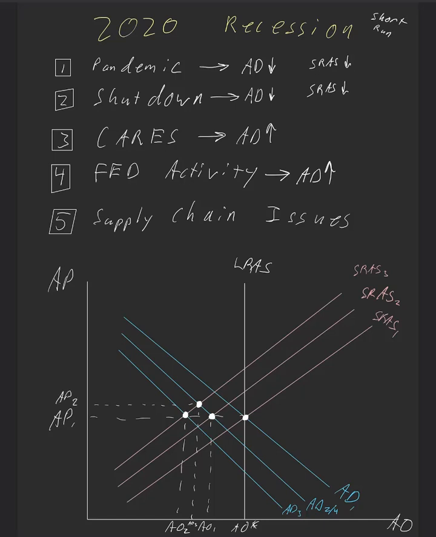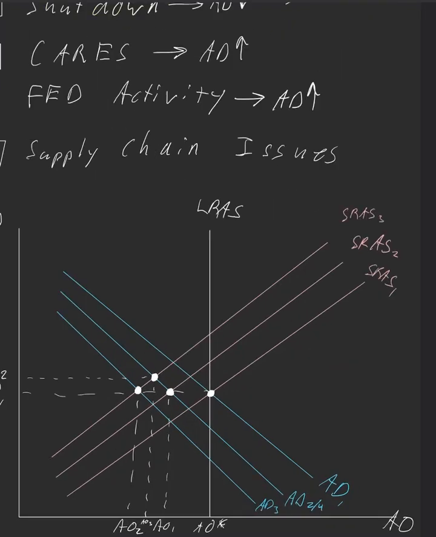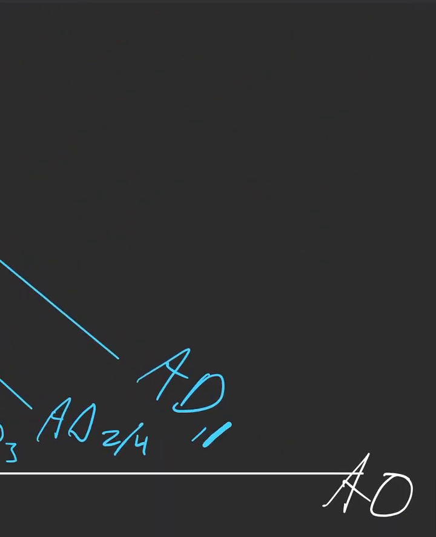At the same time, what does the Federal Reserve do? The Federal Reserve comes along and engages in activity that puts more money into the economy, right? So basically they lower interest rates and they begin to buy assets to put on their balance sheet. We'll cover that way more in depth later on in the class. Again, for simplicity's sake, I'm going to say they drove that back to the original level, okay?